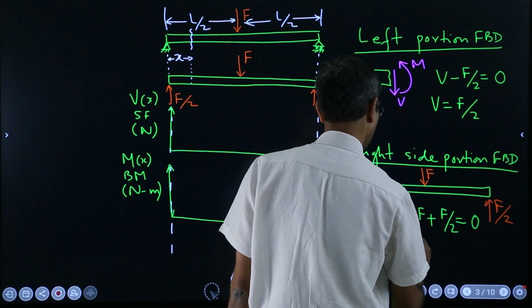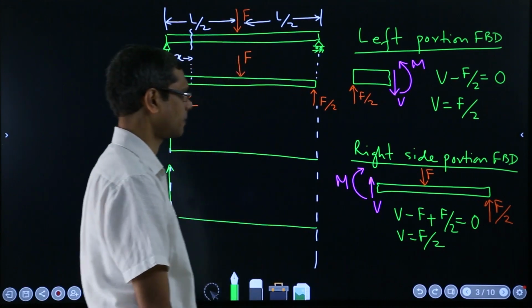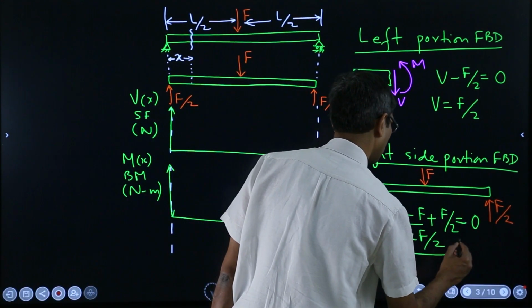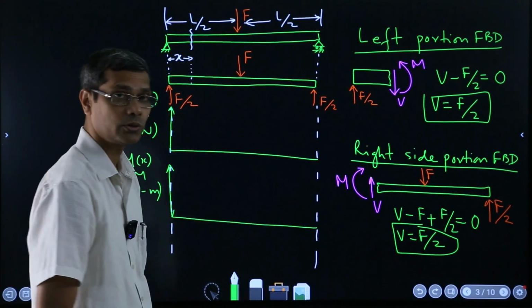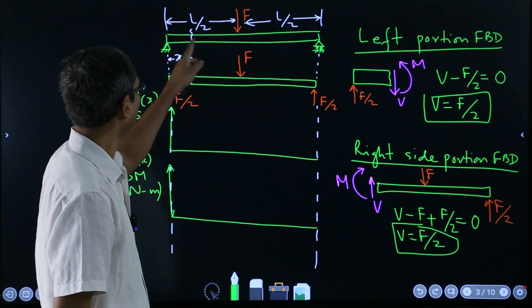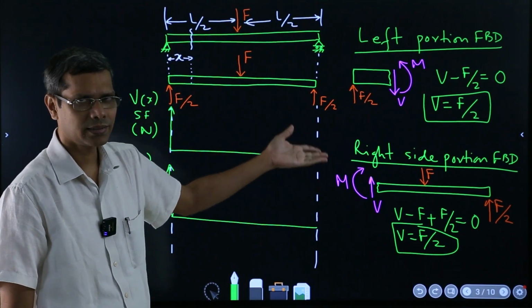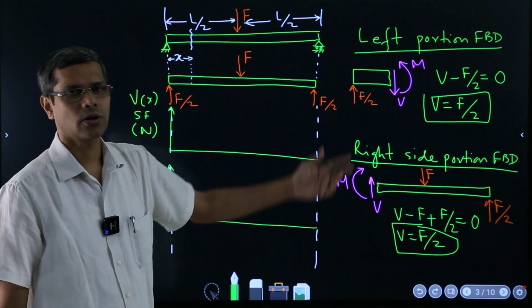So V is F over 2. In this case also you got the same thing as here, and now you see that in this segment, wherever you pick this x, you get the same value. Specifically, it's a constant, not a function of x.